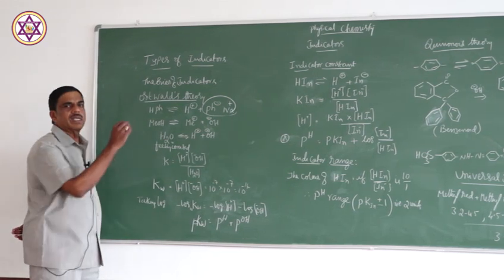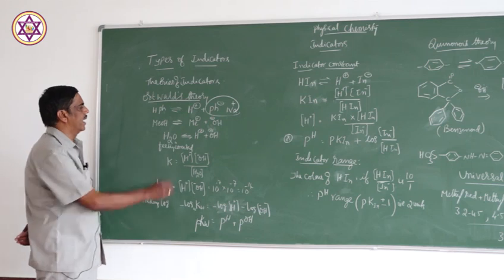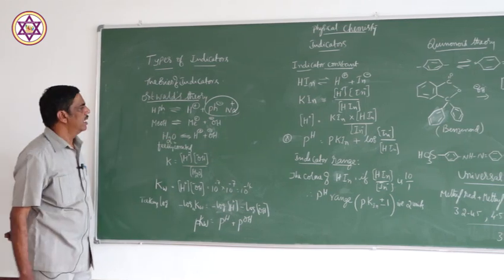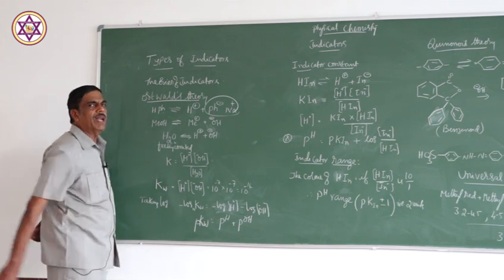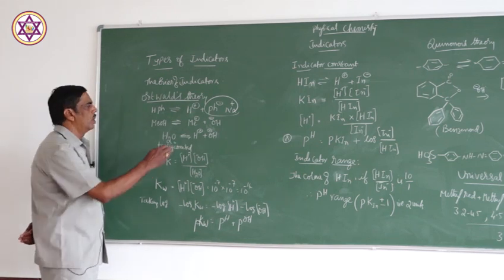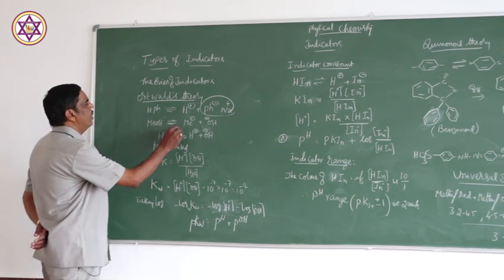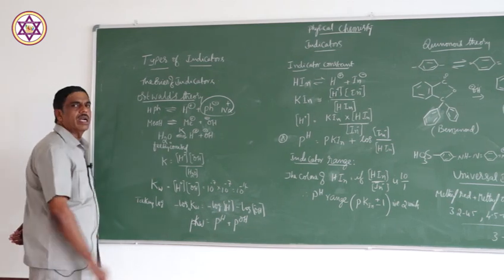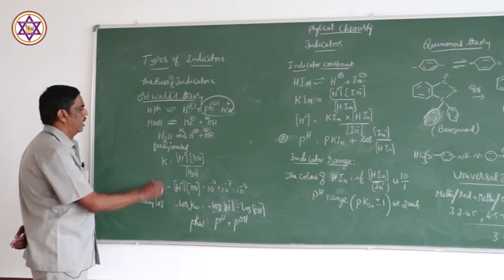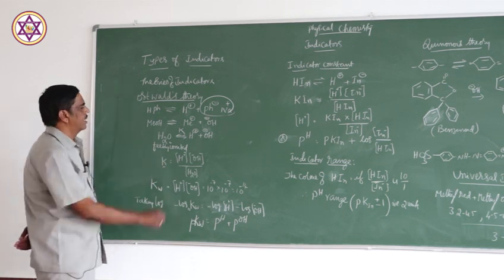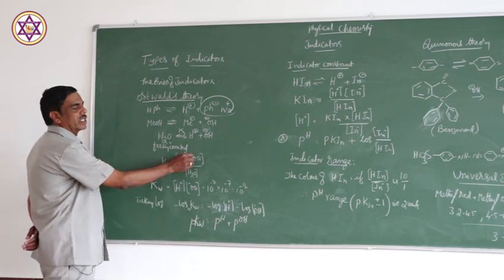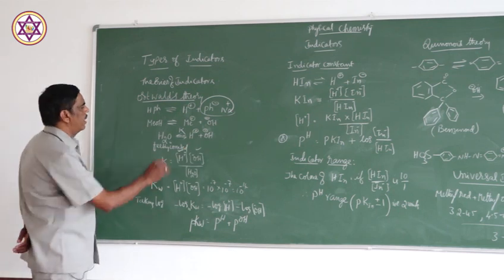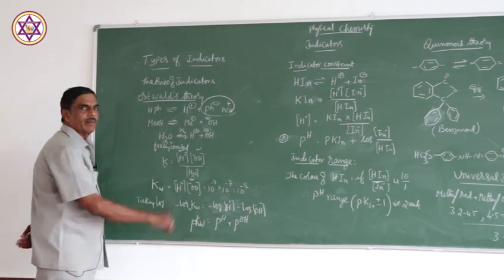So, we can express this pH range of an indicator by considering this equilibrium. Water is feebly ionized, therefore, we can apply the law of mass action to this equilibrium. If the equilibrium constant is K, according to the law of mass action, equilibrium constant K is the product of H plus concentration and OH minus concentration divided by the concentration of water.